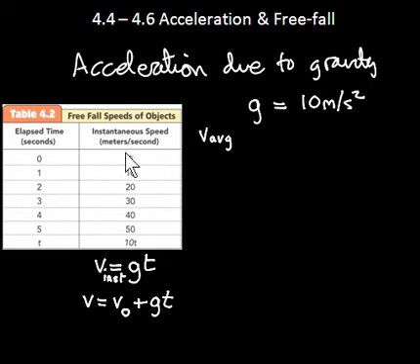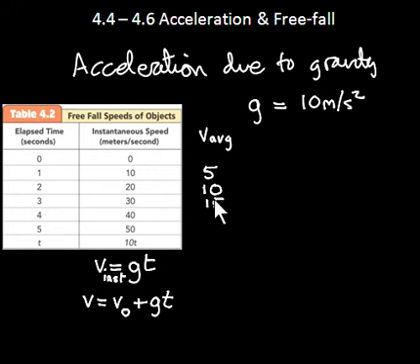And so the average speed over that first second is 5 meters per second. Similarly, over 2 seconds, it starts at 0, finishes at 20 meters per second. So the average is 20 plus 0 divided by 2, which is 10.